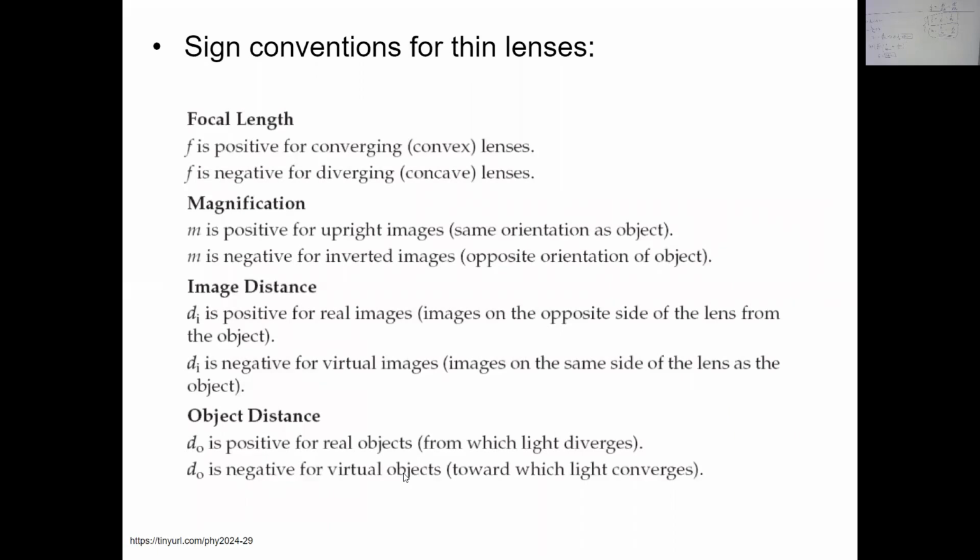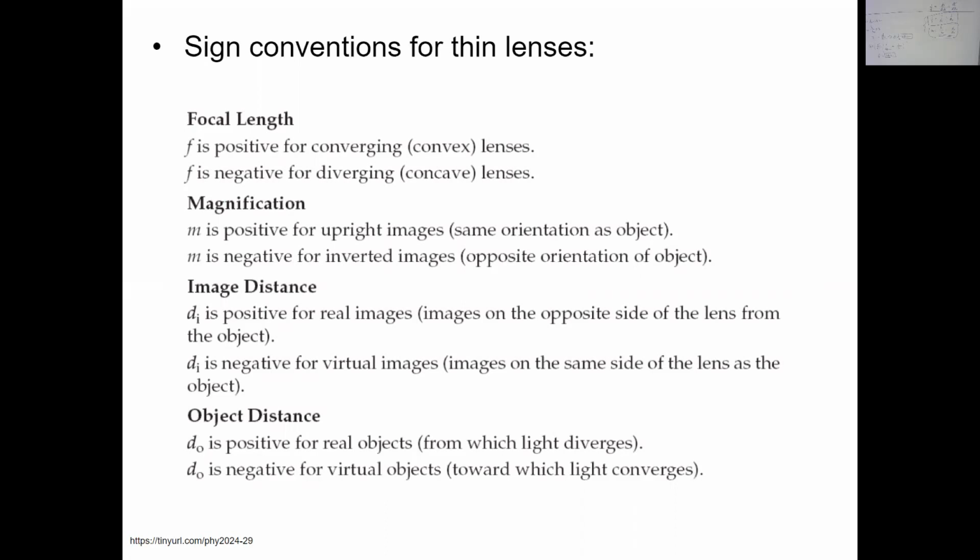For sign conventions here, focal length is positive for converging lenses, that refers to a convex lens, and in the mirror case it is the concave mirror. So F is positive for a convex lens, F is positive for a concave mirror.